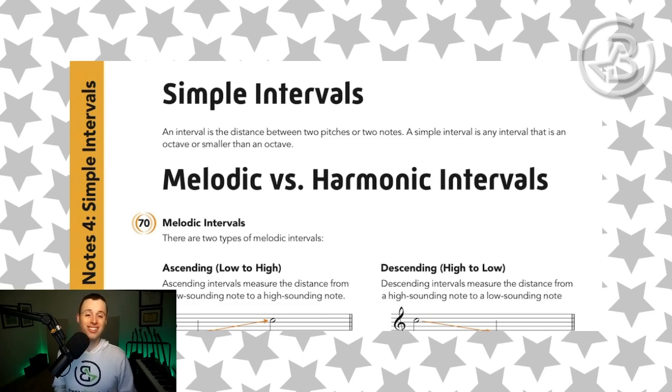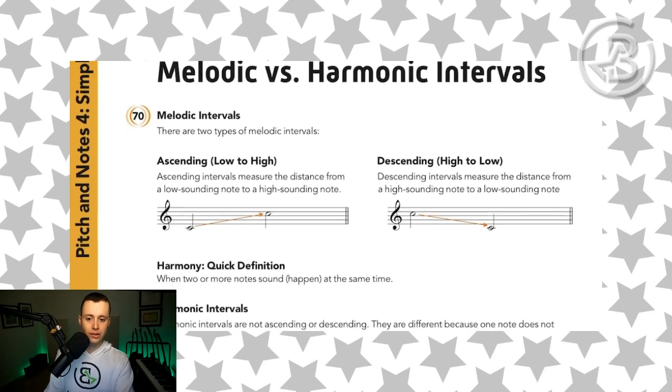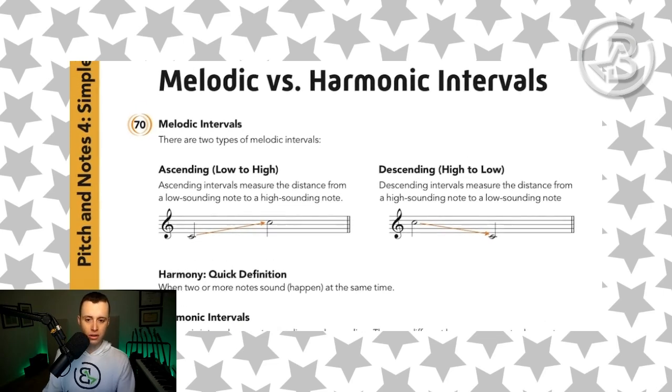Quick reminder to listen to all your examples from the Best Music Theory book for beginners 1, How to Read, Write, and Understand Music as we go along. There are two main types of intervals. There's melodic intervals and harmonic intervals. With melodic intervals, we can have ascending and descending intervals.